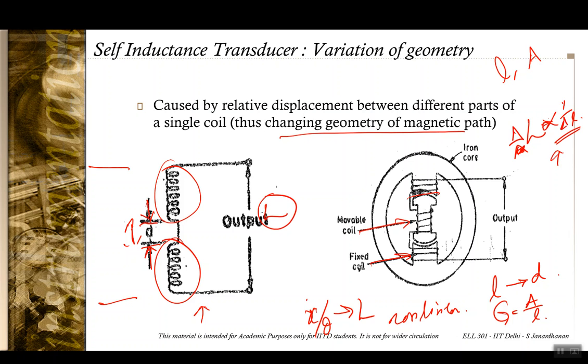And so the variation of geometry, though it's an option, has a scale that translates from the displacement to the inductance that is much more complicated than the case where you have the number of turns, which, even though non-linear, is relatively simpler because you know it is going to be just a quadratic relationship.